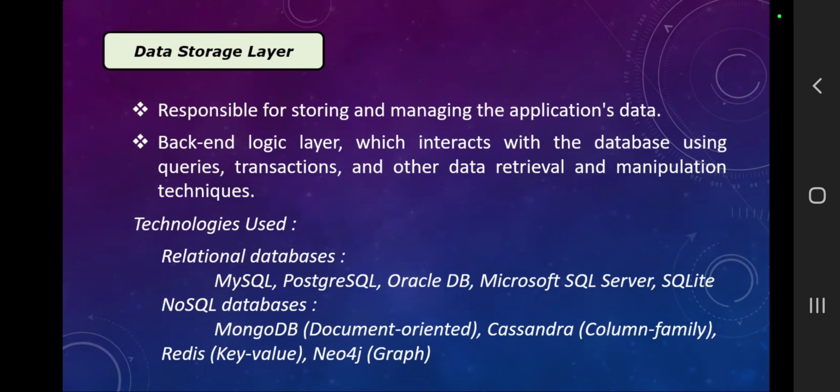It is called RDBMS, Relational Database Management System. So in a relational database management system, data will be stored in tables. Tables means rows and columns. So MySQL, PostgreSQL, Oracle DB, Microsoft SQL Server, SQLite. These database softwares store data in table format.